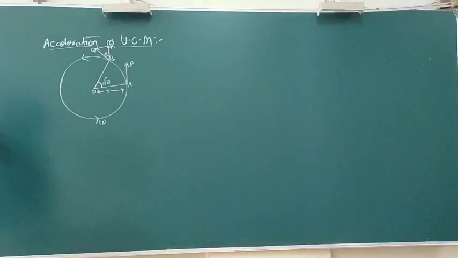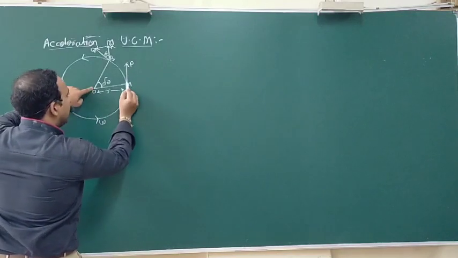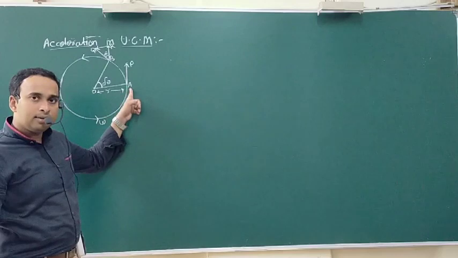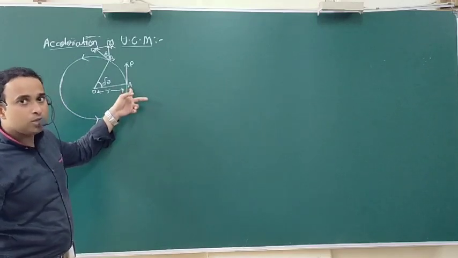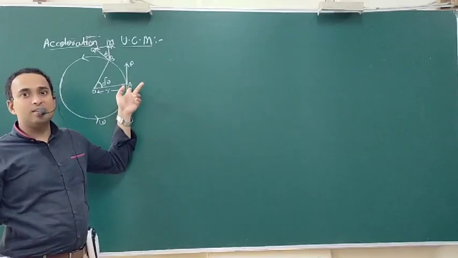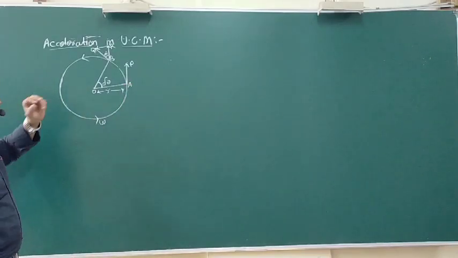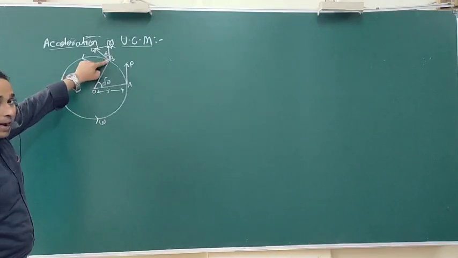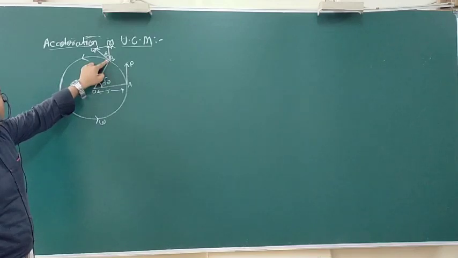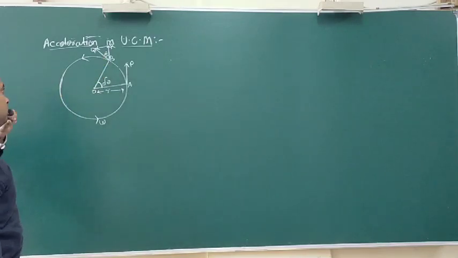Now see here, let A be the initial position of a particle at time t equal to 0, and B be the final position of the particle at time t.